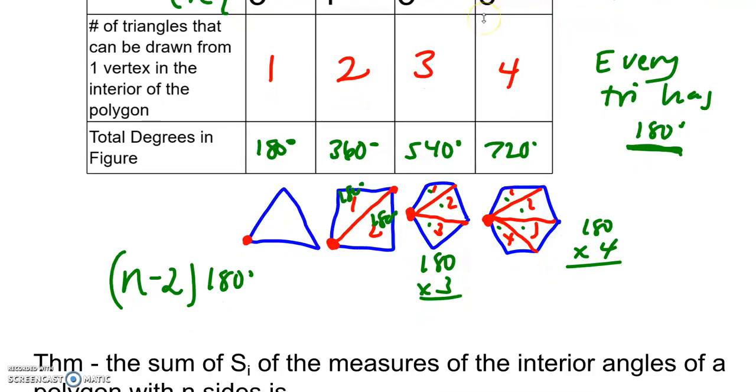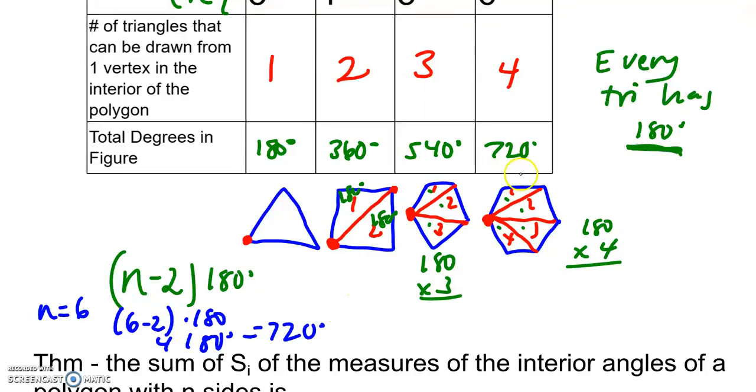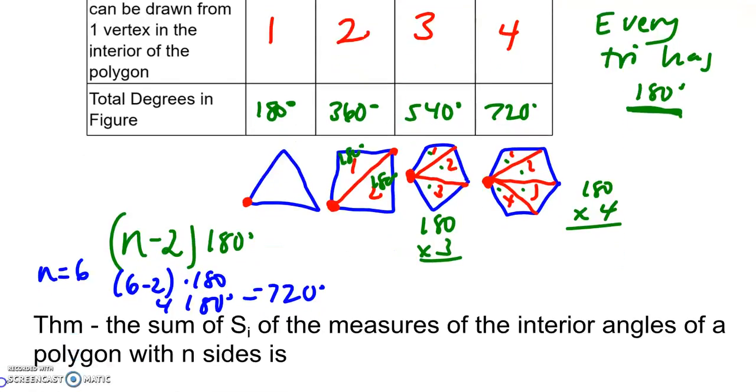Let me pick the 6-sided figure. If I said that I have a 6-sided figure, or n is 6, if I plug in 6 minus 2 times 180, I would get 4 times 180 degrees, which would be 720 total degrees without drawing the picture at all. And so good news.